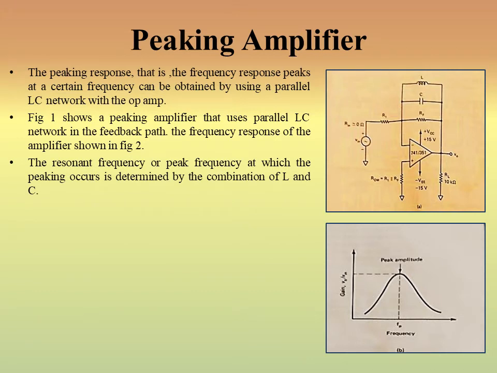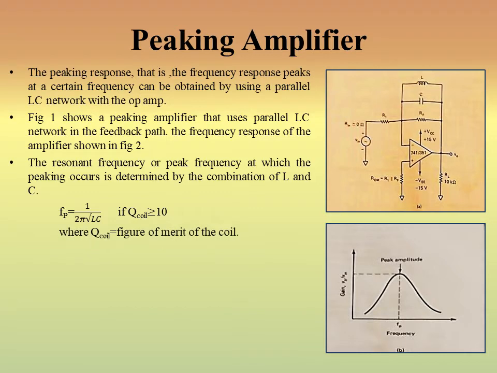The resonant frequency or peak frequency is obtained with the help of the L and C combination, and it is given by Fp equals 1 upon 2 pi root L by C, and for this the Q condition should be greater than or equal to 10. Now what is Q?